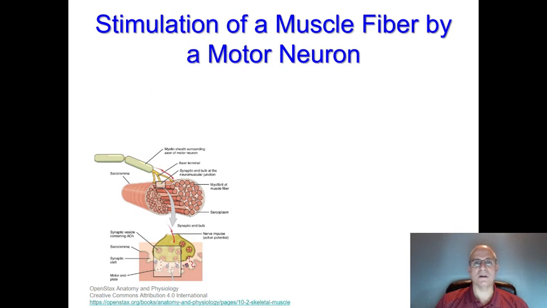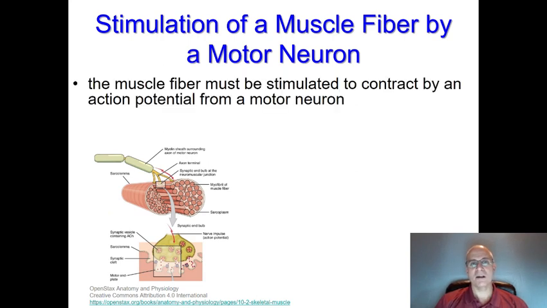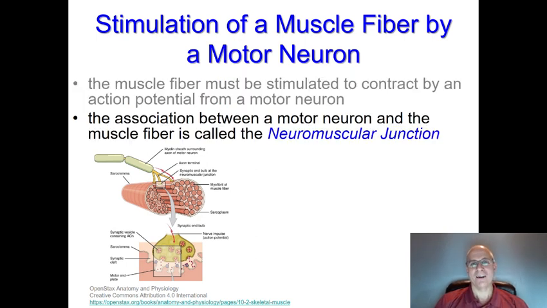All right, so step number 1, stimulation of a muscle fiber by a motor neuron. So the muscle fiber has to be stimulated to contract by an action potential from a motor neuron. And do we remember what an action potential is? A wave of depolarization and repolarization, right? All right.